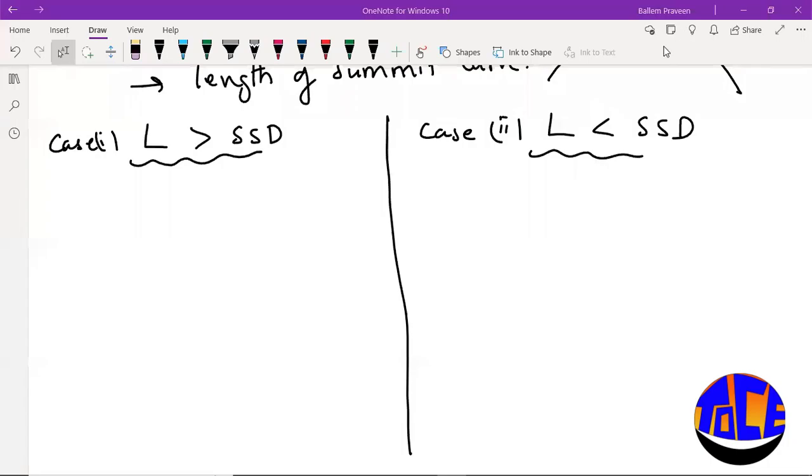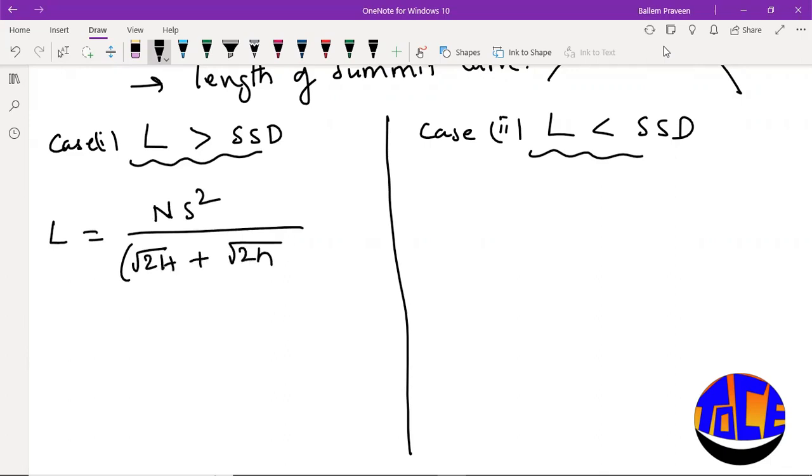So first we will assume that the length of the summit curve is greater than SSD. If it is greater than SSD, the formula is L is equal to N S square divided by under root 2H plus under root 2 small h, whole square.